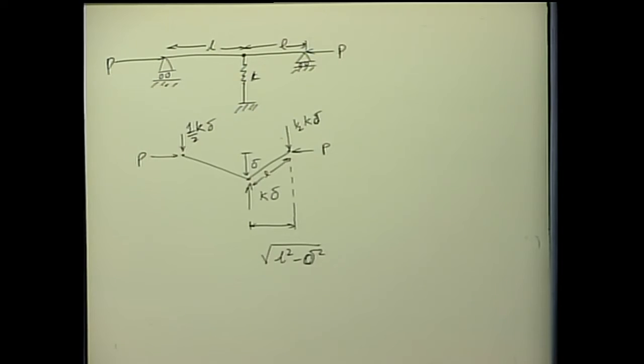Now what you have to do is the standard procedure: write the potential energy, differentiate it once to get the stability paths or critical conditions, and then calculate the post-buckling path by calculating the second order differential of potential energy and finding where it is positive, right? Let me give you an expression for the potential energy.